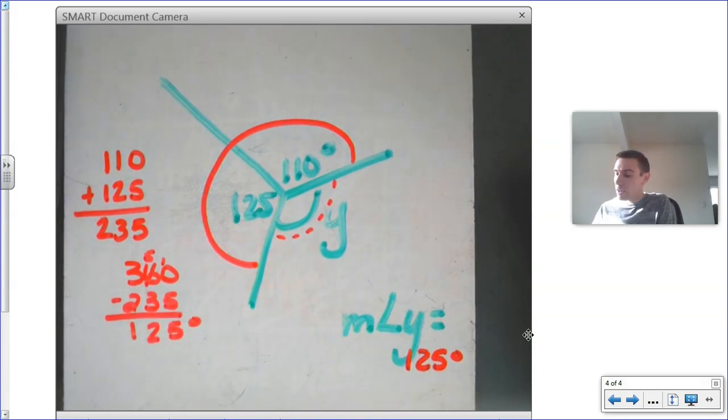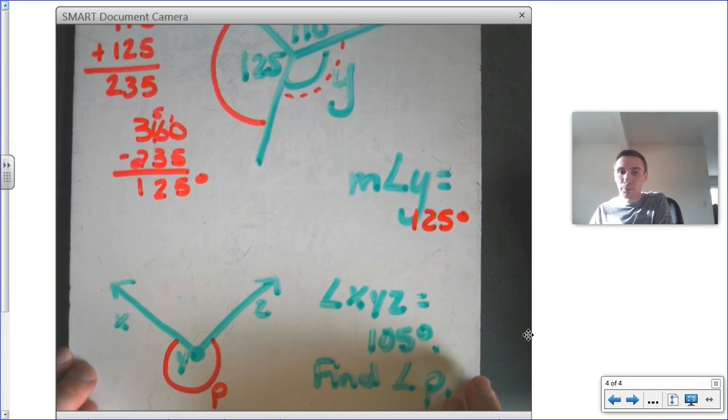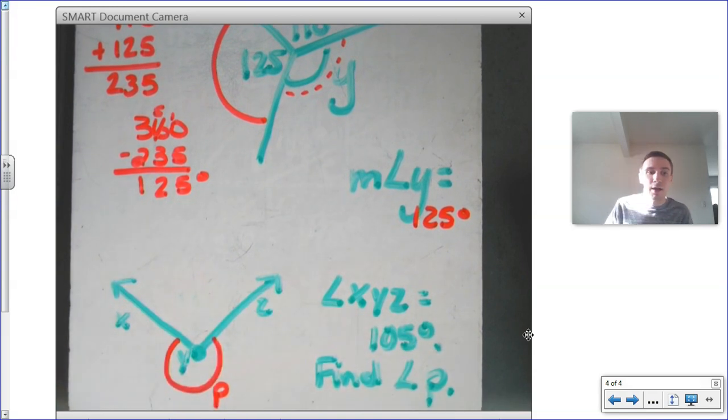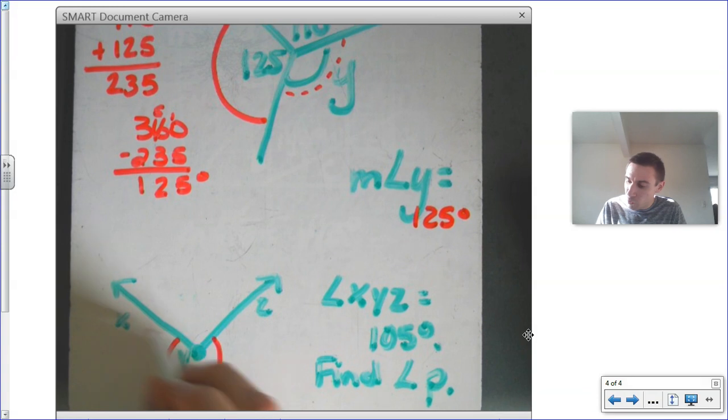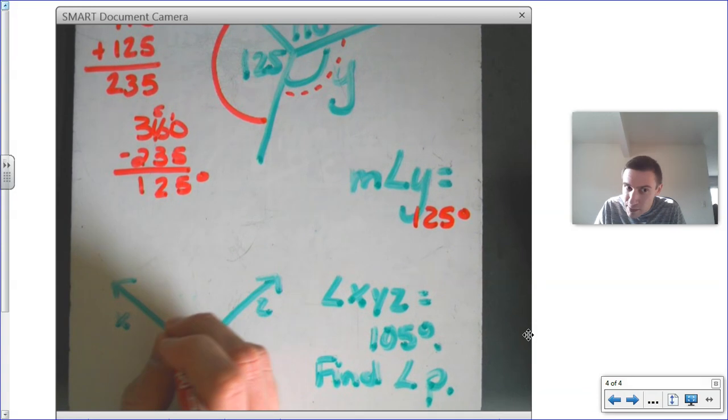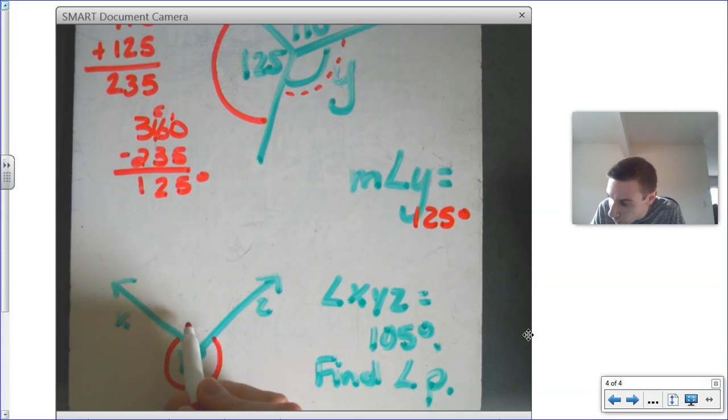Okay, and now we have one more problem on this slide, and this is angle XYZ. And the problem over here tells me that angle XYZ is 105 degrees. Angle XYZ is this interior part right here, okay?